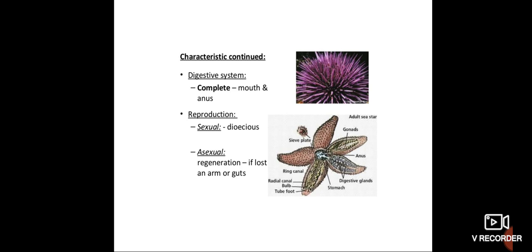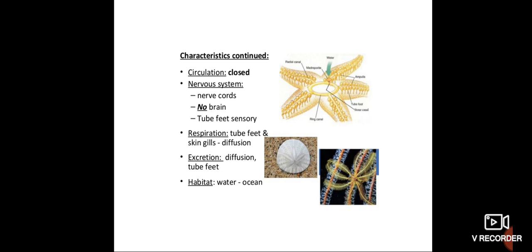The digestive system is complete with mouth and anus. Reproduction is dioecious. Coming to asexual reproduction, these organisms have the capacity of regeneration. If any part of their body gets lost, that is any arm, they are able to regenerate the arm again. Characteristics such as circulation: the circulation is closed.